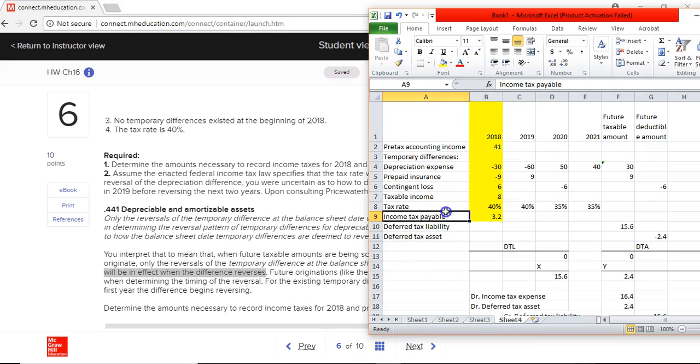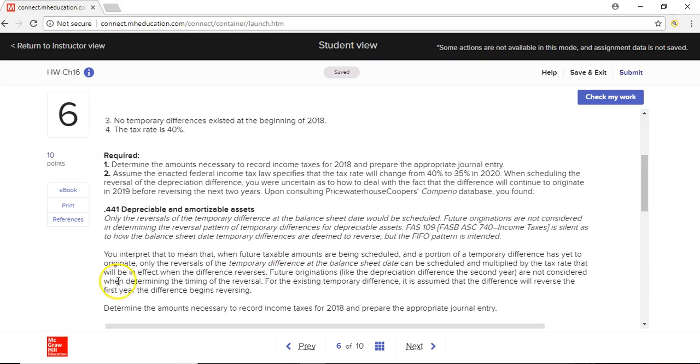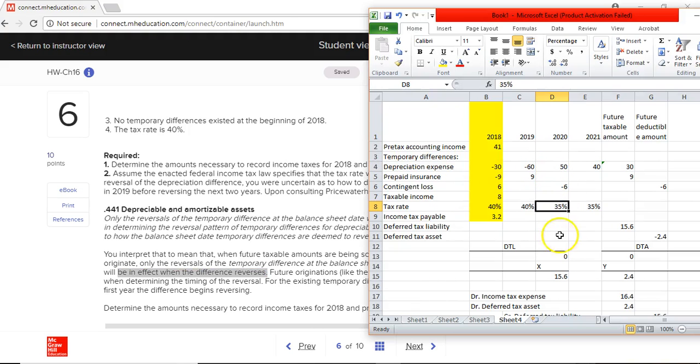So we still consider only $30 million as the future taxable amount. But which tax rate should we apply to this $30 million, starting from the year when the reversal starts? Okay, so here it says in effect when the difference reverses. So 30 million multiplied by 35% to calculate the deferred tax liability from depreciation.